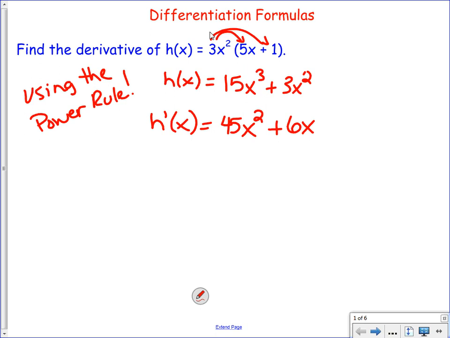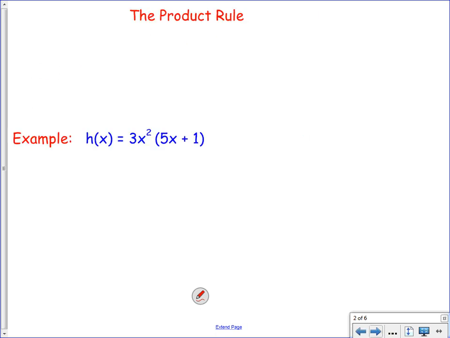Okay, I want to show you that there's a different way to go about finding that derivative. And that's using what's called the product rule. So the product rule is used whenever you're multiplying two functions. So let's say we have f of x times g of x. Anytime you're multiplying two functions, you can use the product rule.